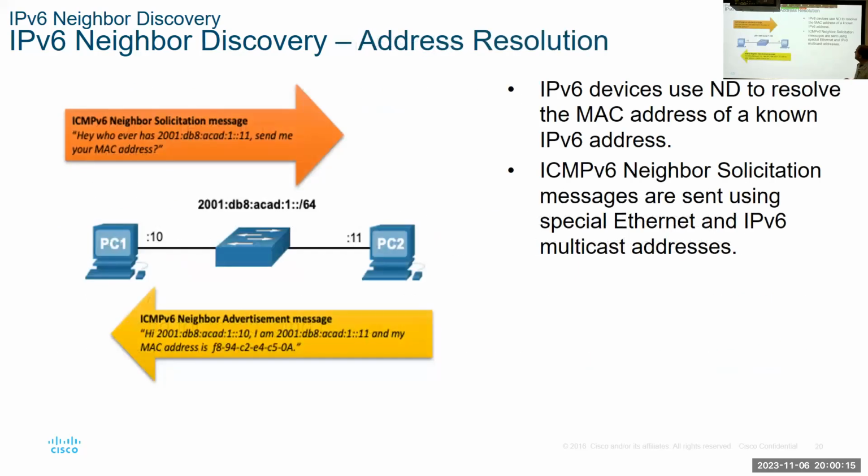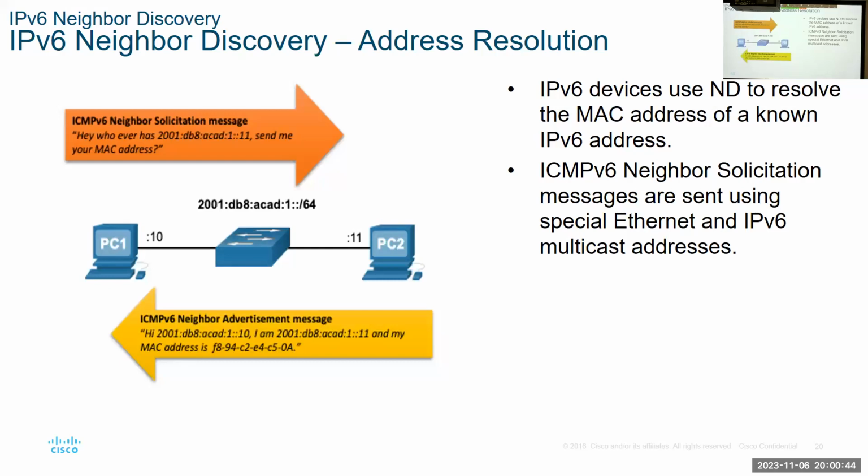Okay, so the way that neighbor solicitation works is it sends out a solicitation message with an IPv6 address in it, just like with IPv4. And it's a special multicast, basically the all nodes multicast.